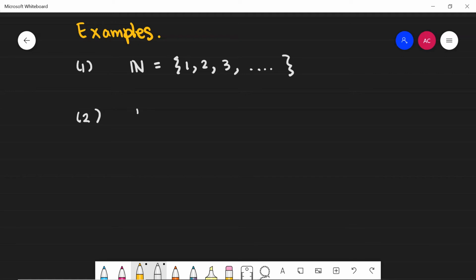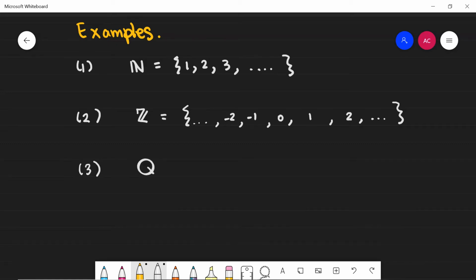Another nice example is the set of integers. The set of integers is the naturals, the negative naturals, together with 0. Three is of course the set of rationals.